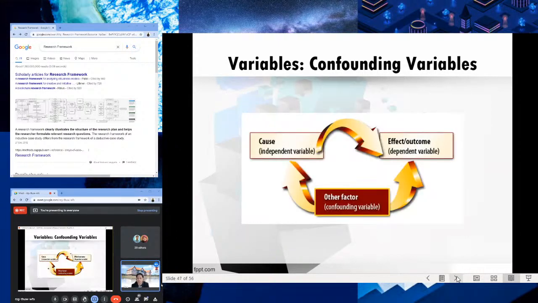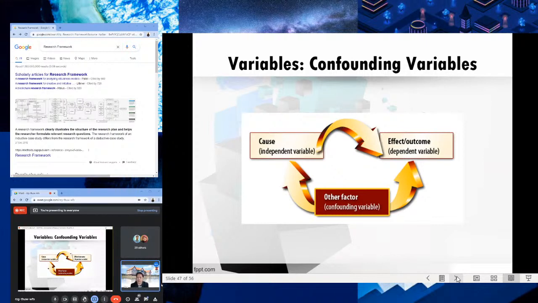Okay, this is some example of how we are going to adapt or develop this, to focus on the confounding variable, how we can adopt this. For example here, the independent variable is a cause, and the dependent variable is the effect or outcome.